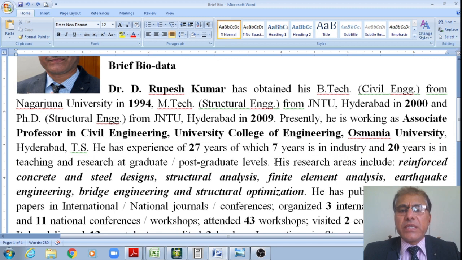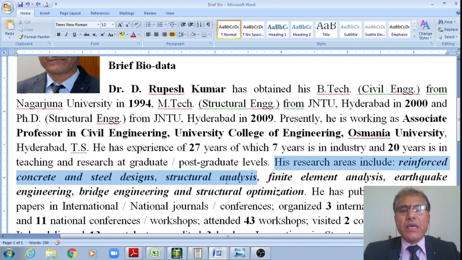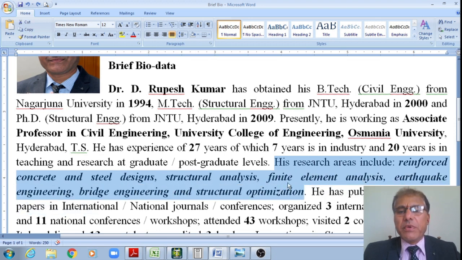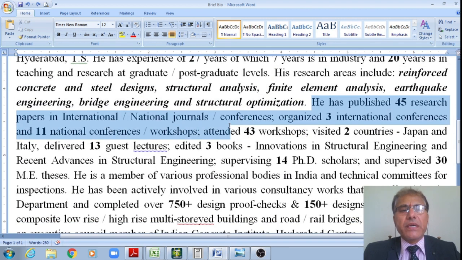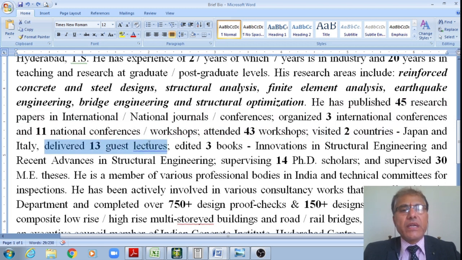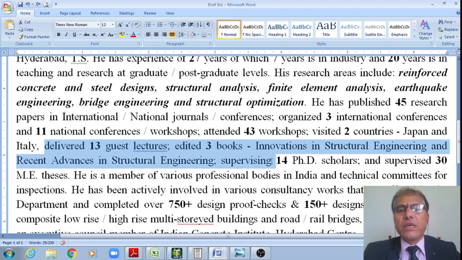My research areas include reinforced cement concrete designs, steel designs, structural analysis, finite element analysis, earthquake engineering, bridge engineering, structural optimization. I have published 45 research papers in international and national journals and conferences, organized 3 international conferences and 11 workshops, attended 43 workshops, visited 2 countries, delivered 13 guest lectures and edited 3 books, supervising 14 PhD scholars and supervised 30 ME theses.